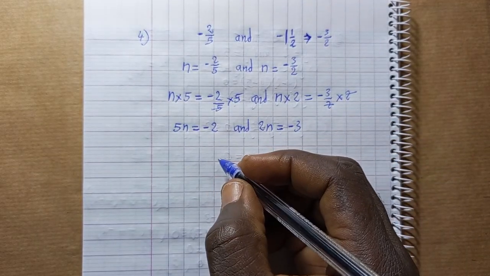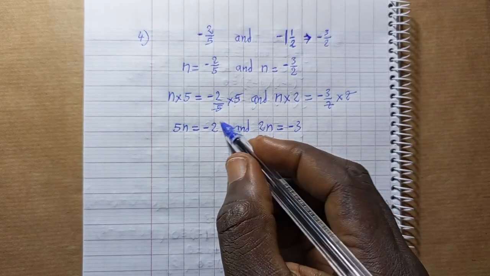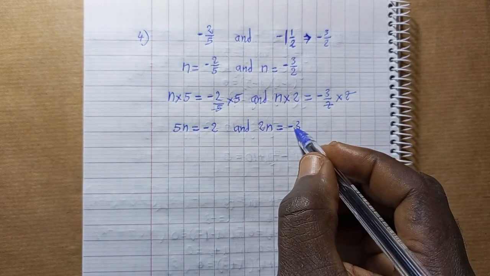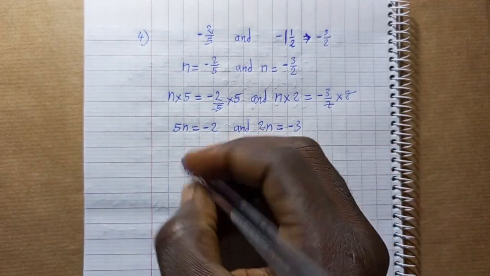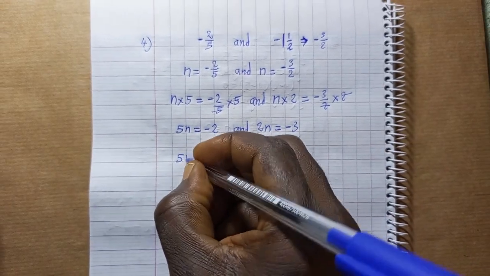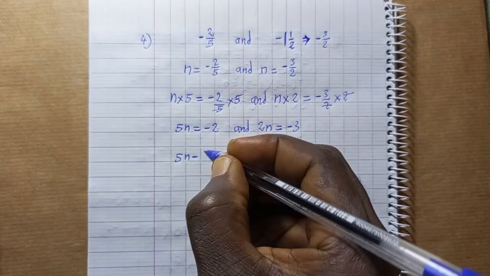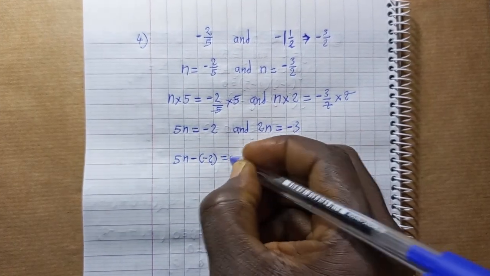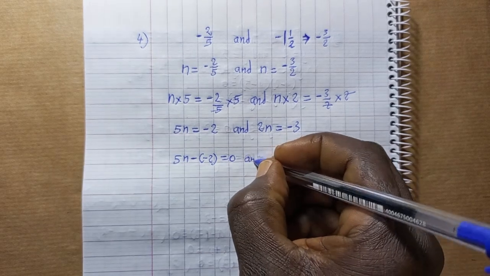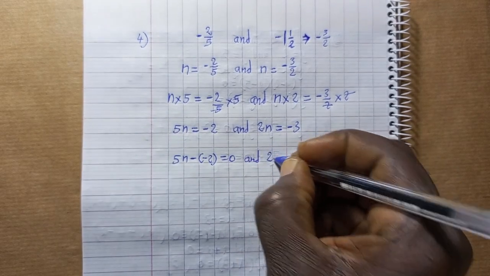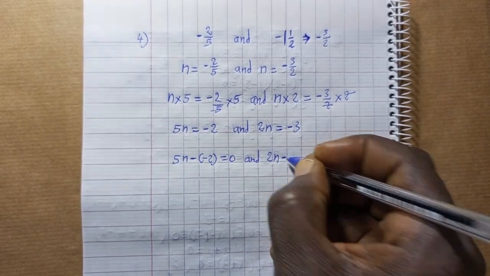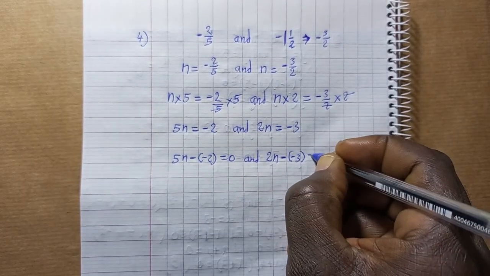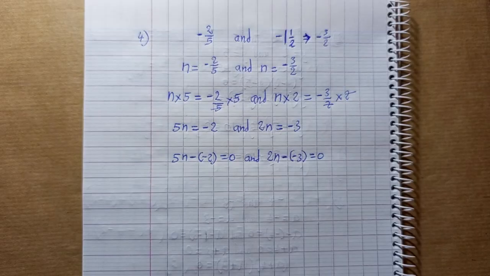So now I'm going to subtract minus 2 from this and minus 3 from this one. So I will do 5n minus minus 2 equal to 0. And for the second side, do 2n minus, open bracket, minus 3, and then equal to 0.